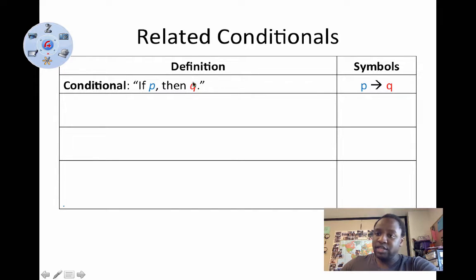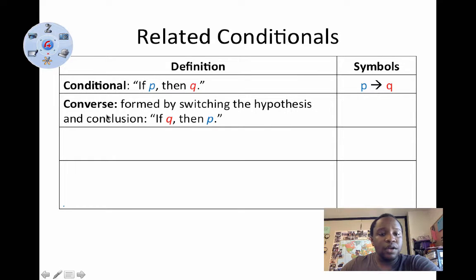If P, then Q. The converse is formed by switching the hypothesis and conclusion. So it's simply just switching. So if Q, then P. And so all we do is write Q arrow P, or if conclusion, then hypothesis. And that's simply based on whatever the hypothesis and conclusion was from the conditional statement.